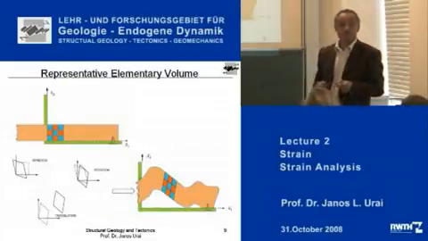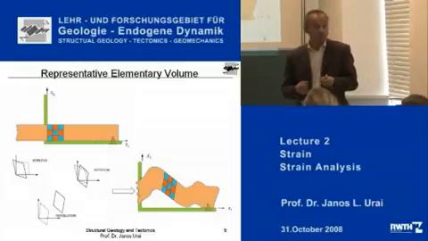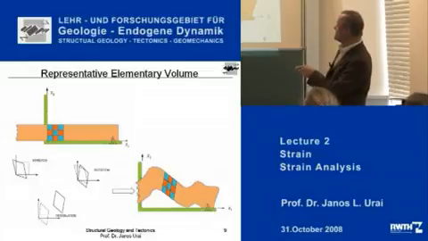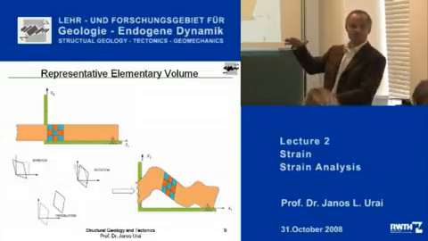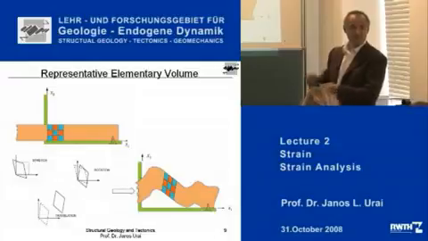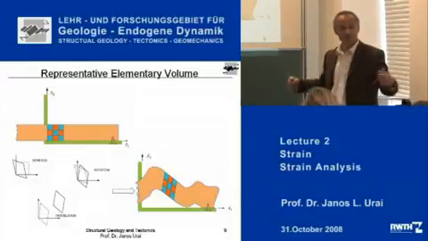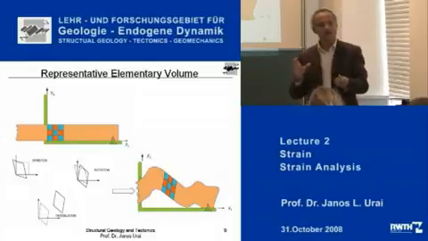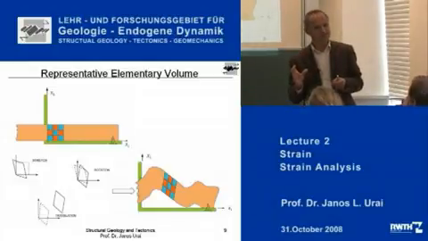And coming back to this representative elementary volume, well, here's a very nice little example. I take my beam of rock. This could be a very thick, 100-meter thick layer that I'm squeezing in the alpine orogeny. This is how it looks like afterwards. And here I can define this small area which deforms homogeneously.